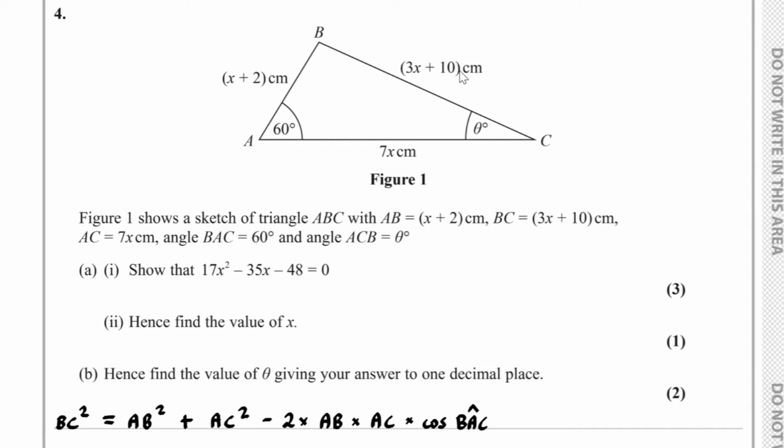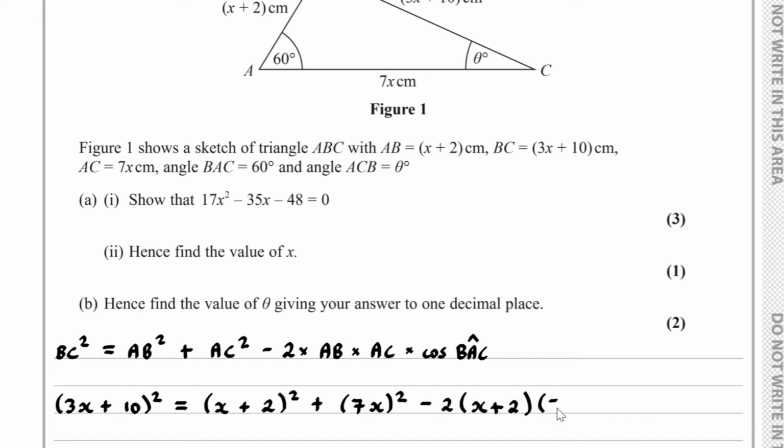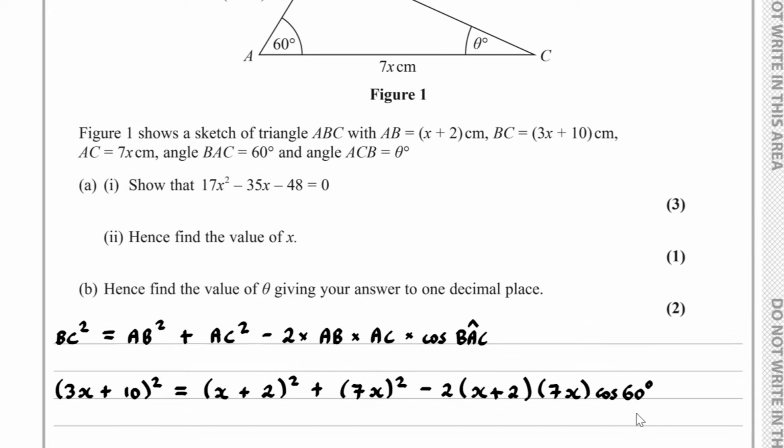So BC squared, that will equal 3x plus 10 squared, and that's equal to AB squared, so that is x plus 2 squared plus AC squared, so that is 7x squared subtract 2 multiplied by AB, which is x plus 2, multiplied by AC, which is 7x, times by the cosine of BAC, which is the same as the cosine of 60 degrees.